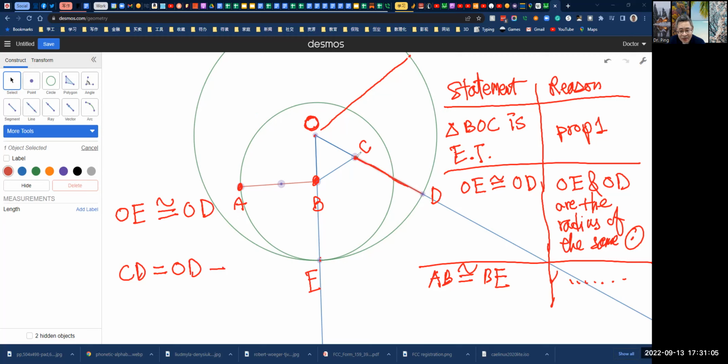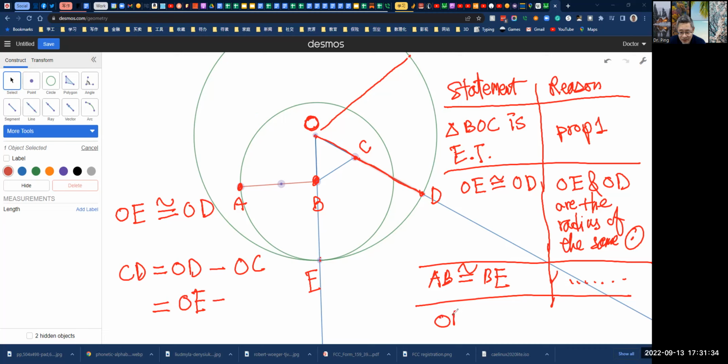CD is from here to here, the whole thing minus OC. We already know that OD is equal to OE, so it's the same as OE minus OC. OC and OB are the same because they form the equilateral triangle.